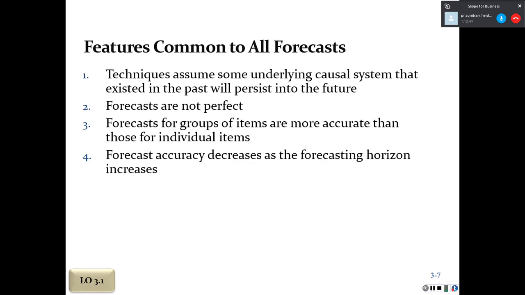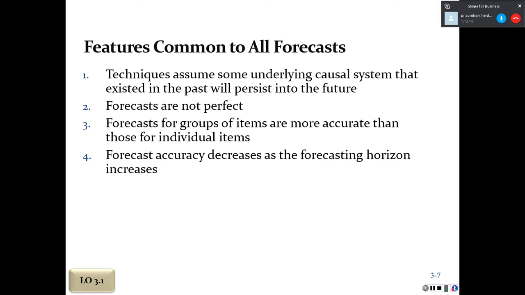Despite the use of computers and mathematical models, forecasting is not an exact science. So even though you have all of these mathematical models and equations, it's not exact or perfect. In order to be successful at forecasting, it takes some skill, and it also takes a little bit of guessing as well.